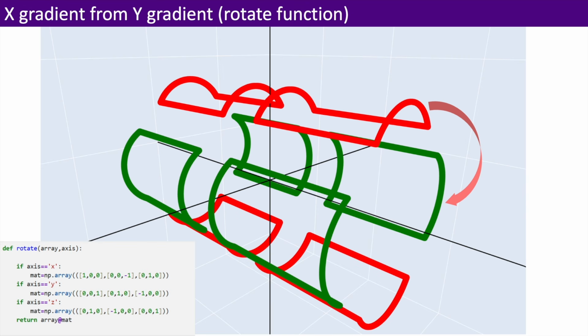The function takes those inputs, the array and the rotation axis, and multiplies with the corresponding matrix and returns the rotated array, which in this case is the X gradient. We will see all of this in the code, and the code will be available in the description below.